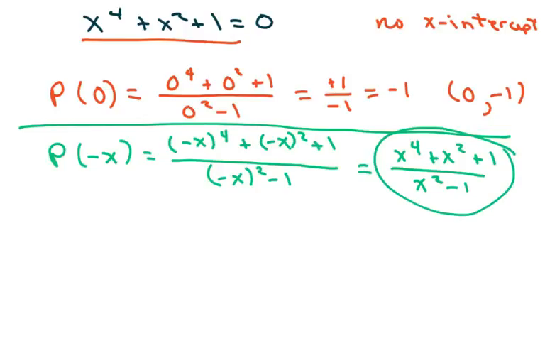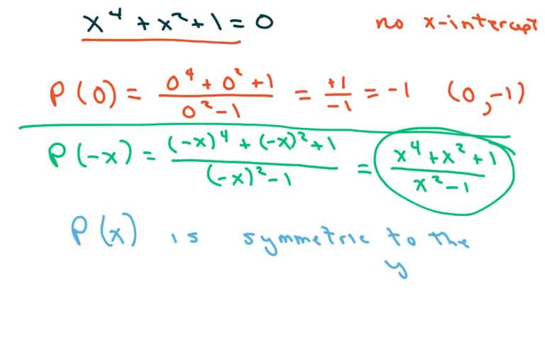Since this looks like our original p of x, it means p of x is symmetric to the y-axis. So this equals our original equation. So it is symmetric. That's going to help us graph.